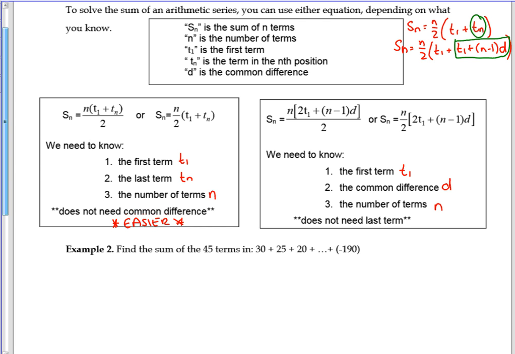And so that's how we get two term 1s, because term 1 plus term 1 gives you two term 1s plus n minus 1 times d. So it's really just inputting that first formula for the last term, and that's the two formulas. Okay? So really it's the same thing, right? It's just derived from this formula and using the T of n formula.